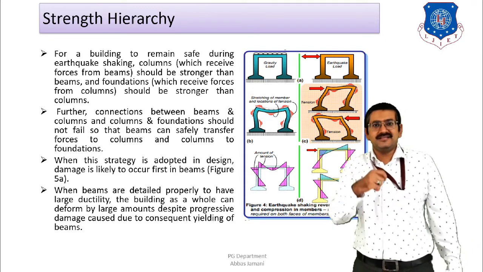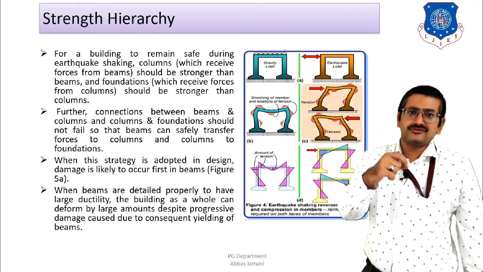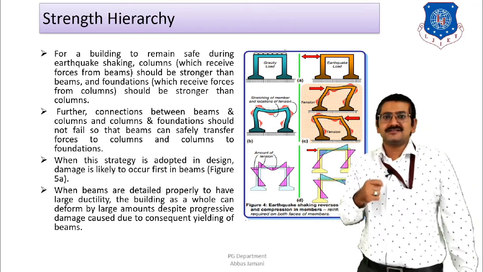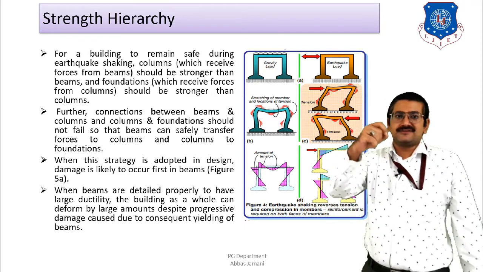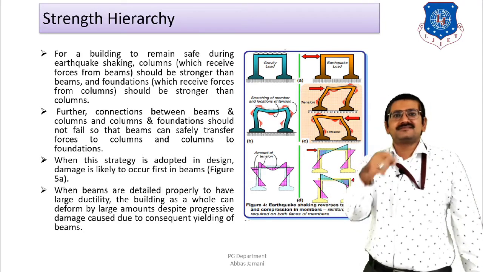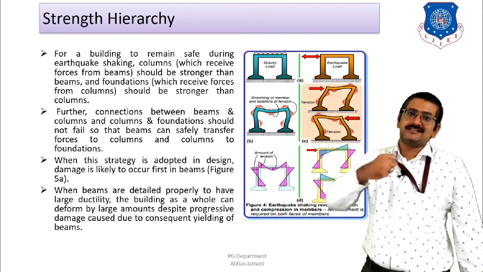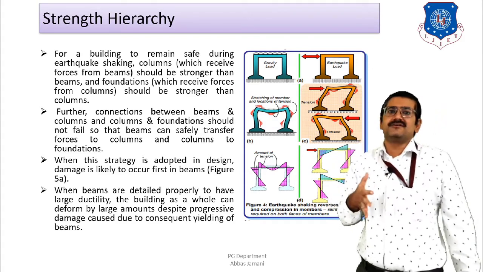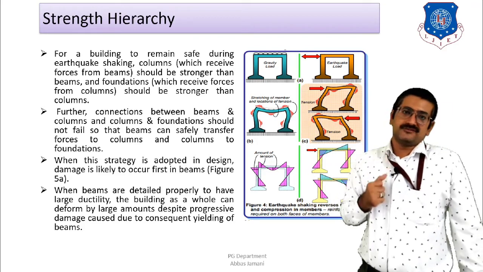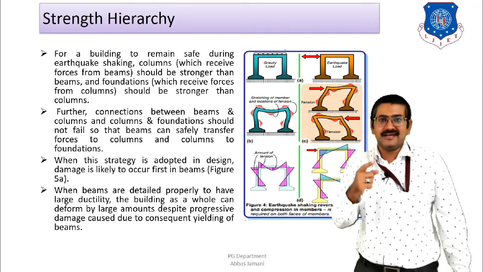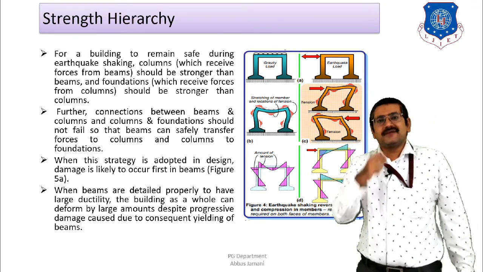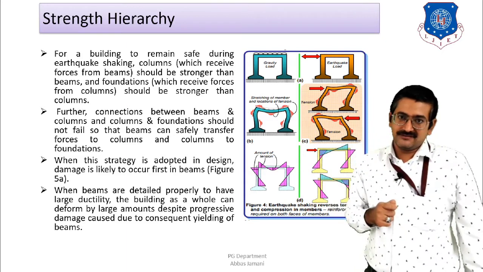So that means the column should be stronger than beams. Why? Because the beams are going to transfer the force to the column. So if the column does not have the axial capacity to carry the load that is transferred by beams, then the good performance of the building cannot be achieved. So we can say that the strength of the column has to be more as compared to that of the beams.